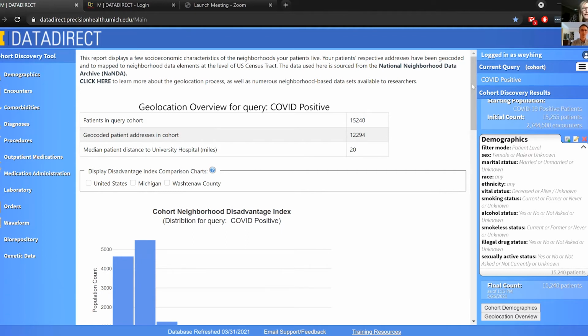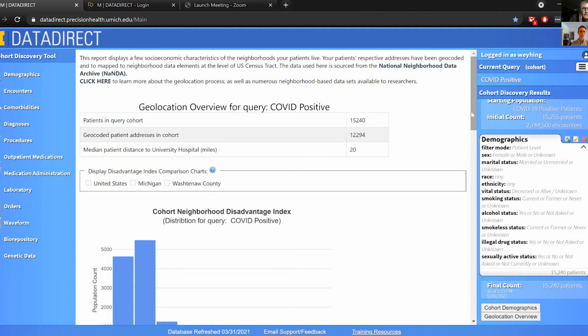It will also provide you with some basic summary information about the neighborhood characteristics for that patient population. For example, it will provide you with the distribution of the neighborhood disadvantage index across the neighborhoods that those patients reside in. This is an example here in this first figure.